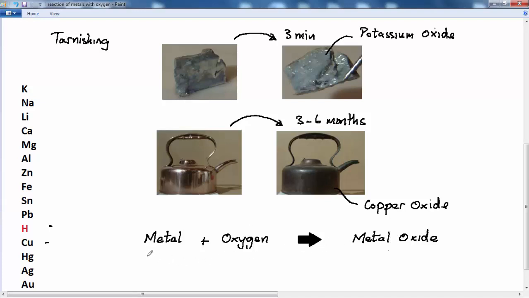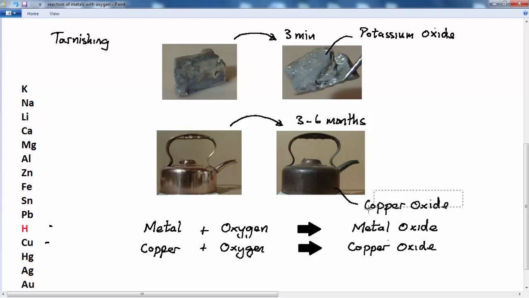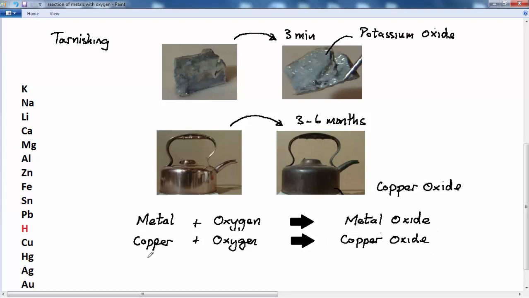So for example, in the case of copper, well, the copper, okay, we have oxygen, and that will produce copper oxide. And we'll want to write the symbol equation, and that gives us copper plus oxygen, O2, and copper oxide.